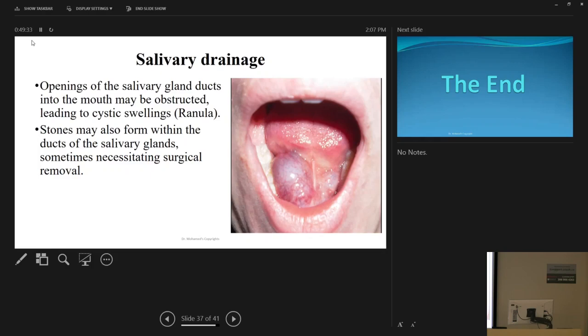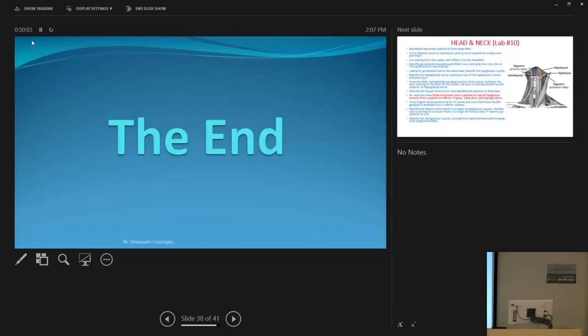So ranula is the technical name for this cystic swelling due to obstruction of these ducts. Sometimes these obstructions may happen due to small stones. Small stones may form inside these ducts and obstruct them and cause this ranula, right? And that might necessitate surgical removal. The end, done, easy breezy.